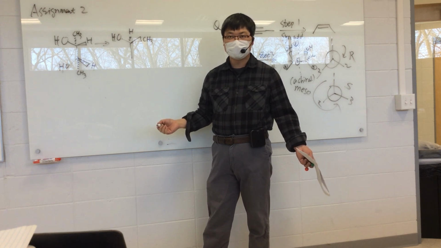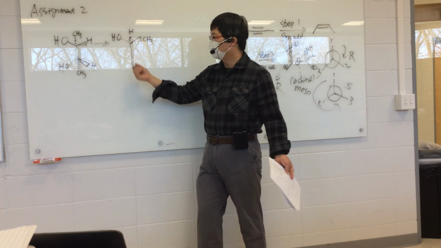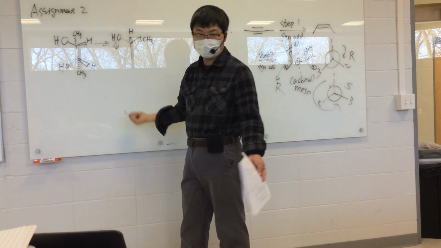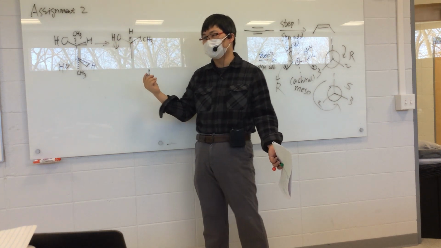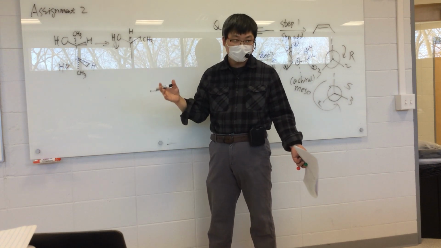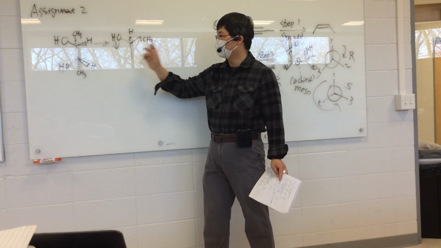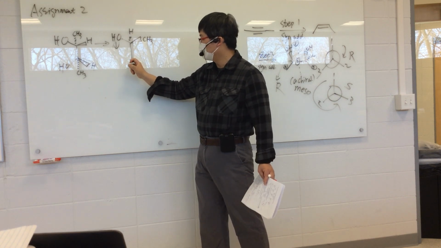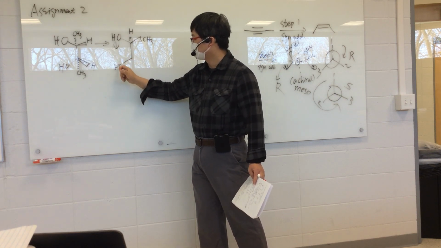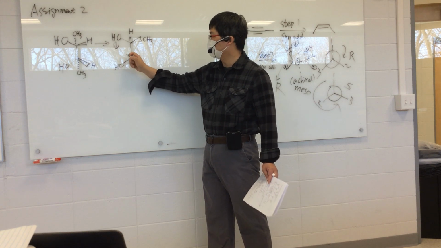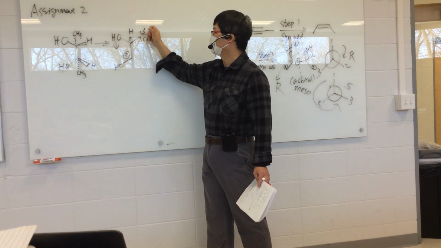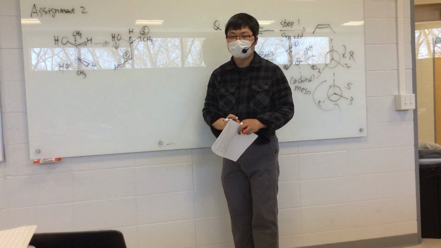And then we can see these two are in the plane, and we can name the priority numbers. Surely these have the highest priority, right? Because these are attached to oxygen, and oxygen has a higher atomic number than carbon here. And then you see this carbon is attached to the OH group, so this carbon should have priority number 2, and this 3, right?